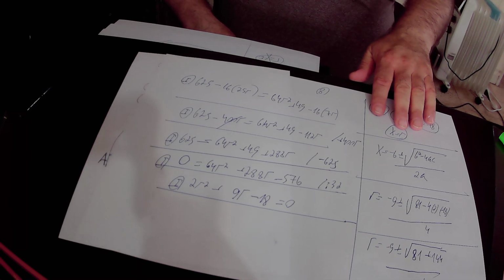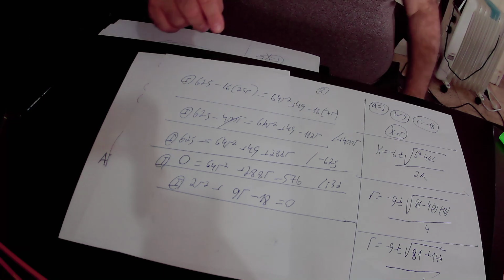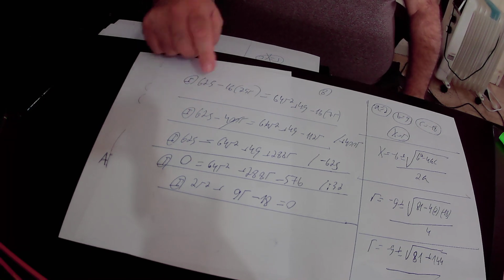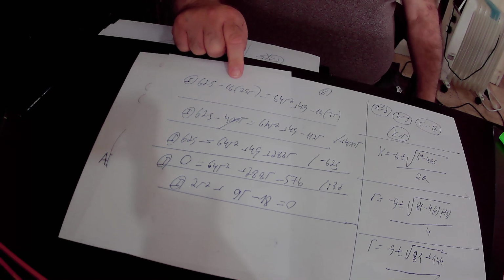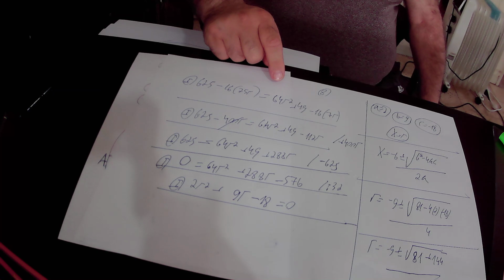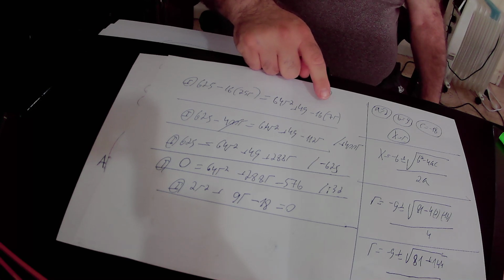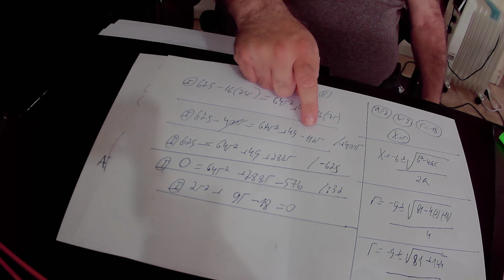And here we have 625 minus 16 times 25r equals minus 400r. We have 64r squared plus 49 minus 16 times 7r equals minus 112r.